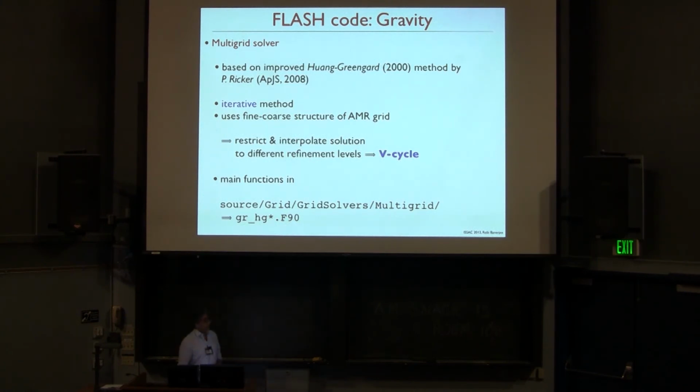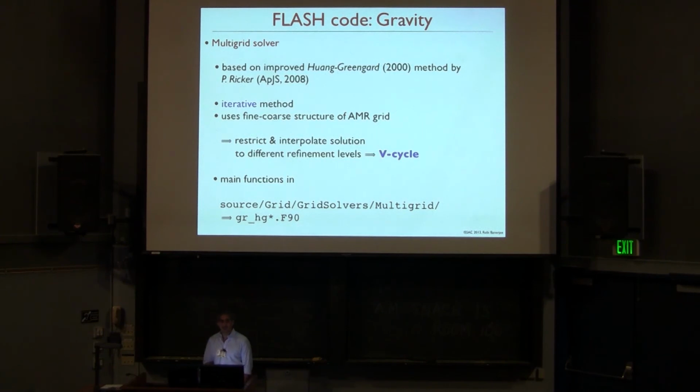The one Paul Ricker implemented for the new FLASH version, since FLASH 3 and upwards, is based on a method called Green-Guard, and it's slightly different from an older version which used an iterative scheme based on a Gauss-Seidel iteration.